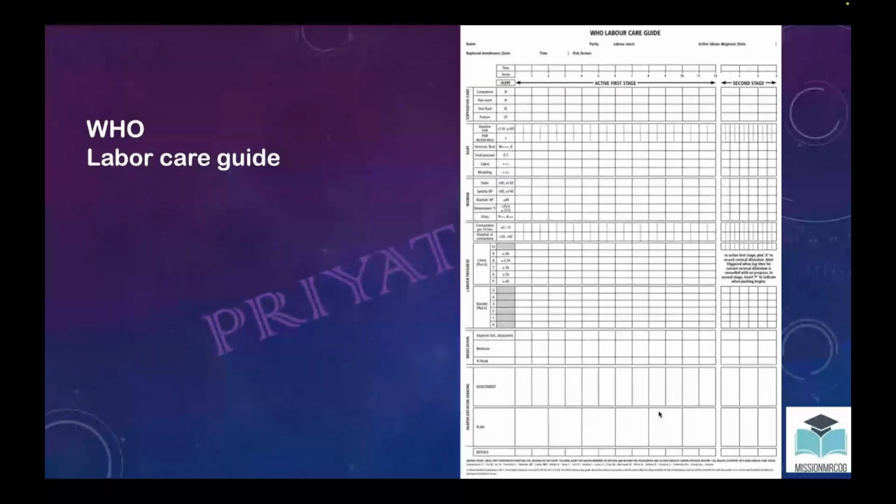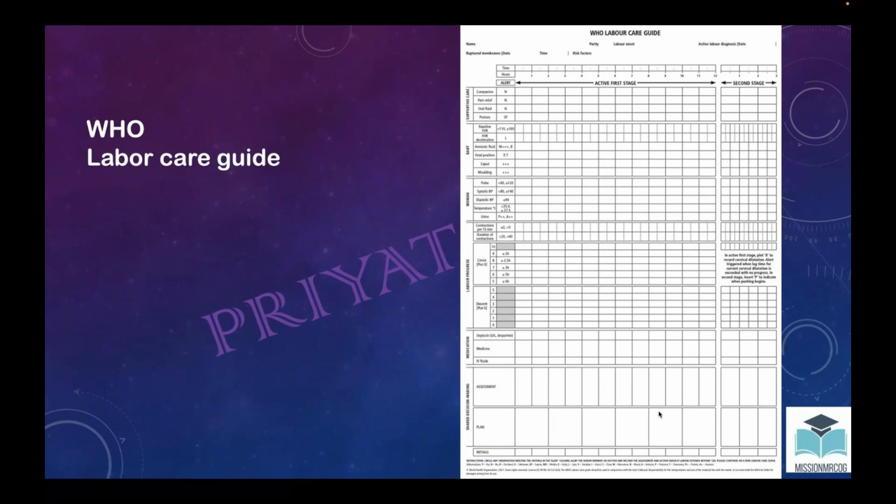Now, the first part of the page, as you can see, there is a column for time, and every column indicates 1 hour. This chart is divided into two parts. One is the active first stage, and the other plotting is for the second stage of labor. As we already know, in a primary patient in the active first stage, we will wait for 12 hours.